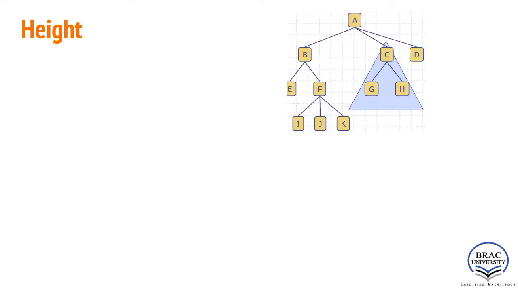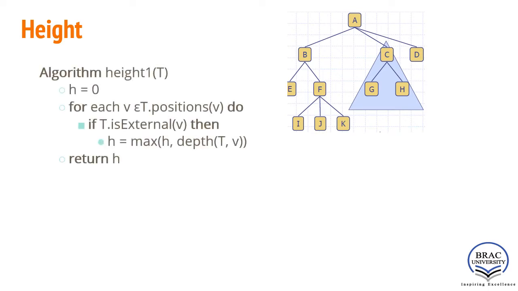So what will be the algorithm for height? This is the algorithm for calculating the height of a tree, not a specific node, because there is only one parameter given, and T means the root of the tree.